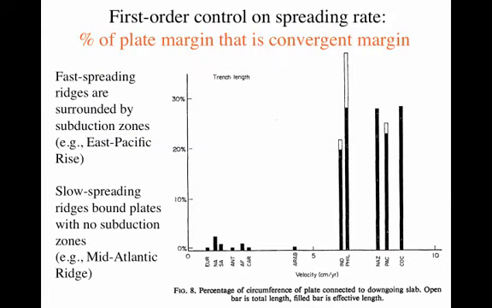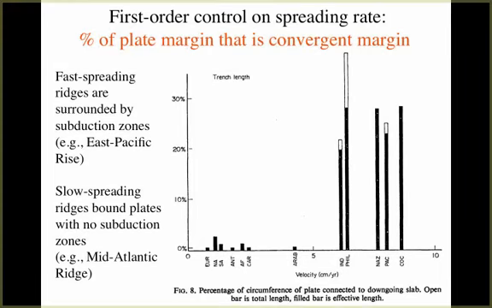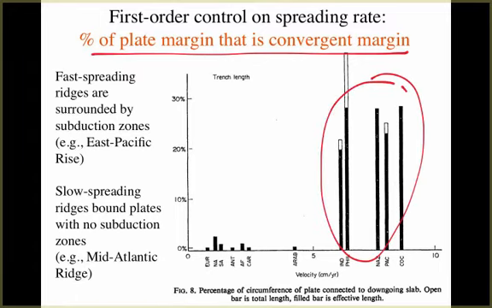We also discussed this first order control on spreading rate, which is the percentage of the plate margin that is a convergent margin. And so these fast spreading ridges are surrounded upwards of 20 or 30% by subduction zones, including the East Pacific Rise. And the slow spreading ridges, like the Mid-Atlantic Ridge, have a very small percentage, just a few percent of its plate margin is subduction zone.